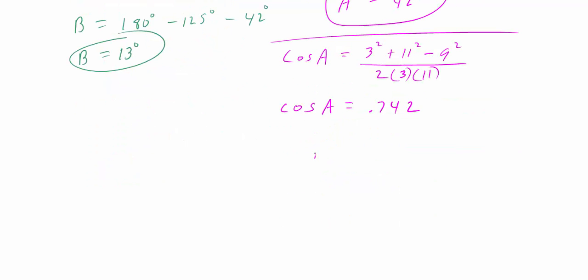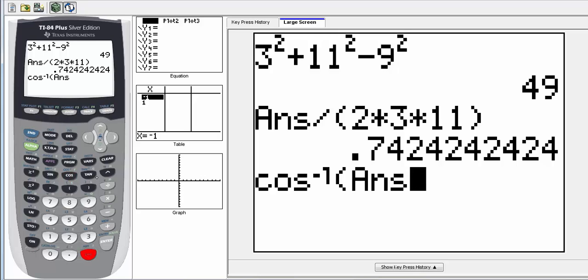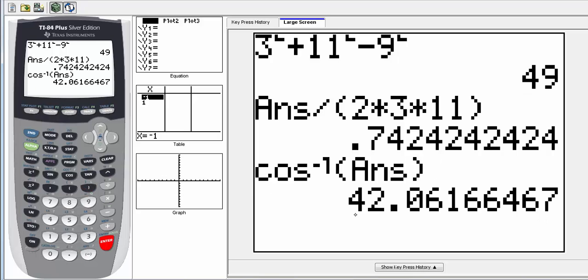So that we don't round and we want to actually find the angle, I'm going to hit second cosine, the inverse cosine, and then second function answer, and we end up with the same angle of 42 degrees.